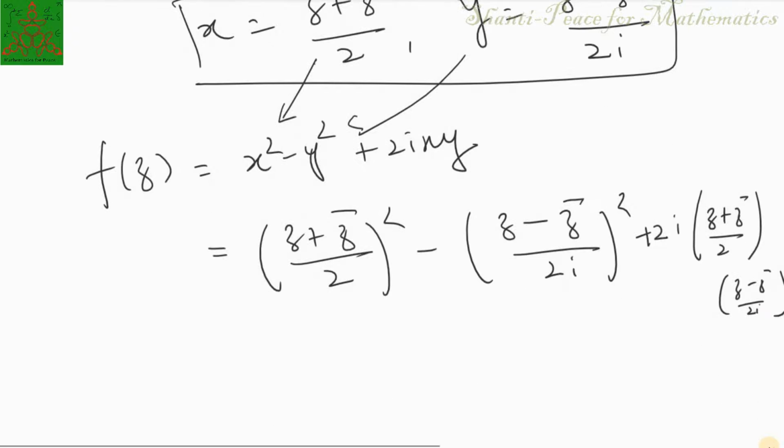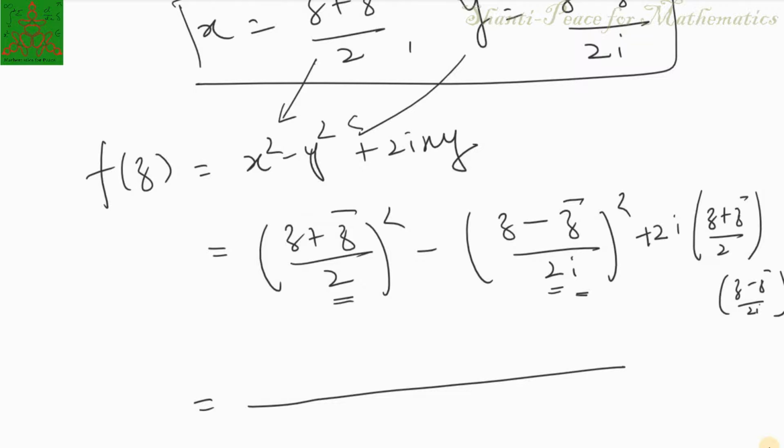Now if you simplify these brackets, we have the LCM of these two things. This is 4 and this is 4 into i square, that is minus 4, and that minus minus becomes plus here. So the LCM for these two quantities is 4.